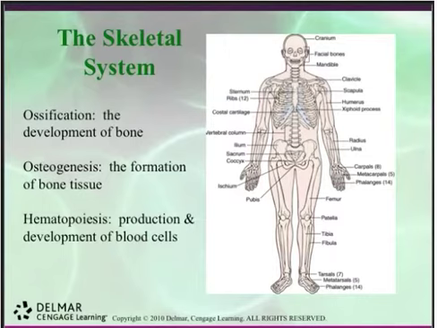Now, an interesting thing about the skeleton is that it's actually formed from cartilaginous tissue during development. We start out with a skeleton that's made up entirely of cartilage, and as we develop in the mother's womb, that cartilage is eventually replaced with ossified tissue. By the time we're born, the only remnants of the cartilage model of the skeletal system are found in the joints, where we see it as articular cartilage, and at the ends of long bones as a structure called an epiphyseal plate.